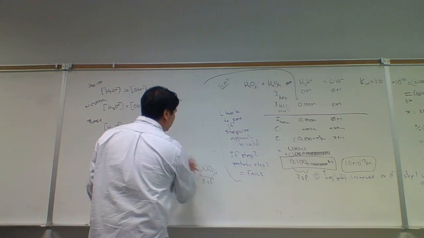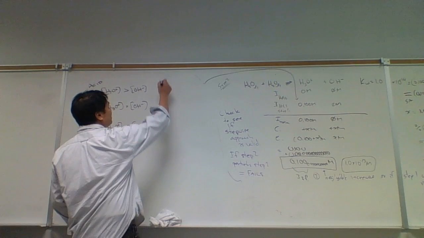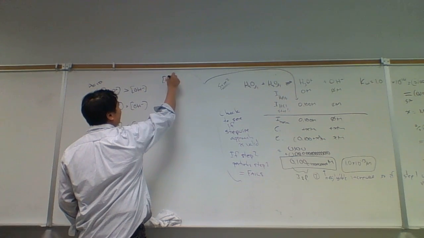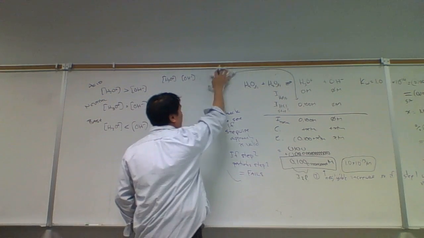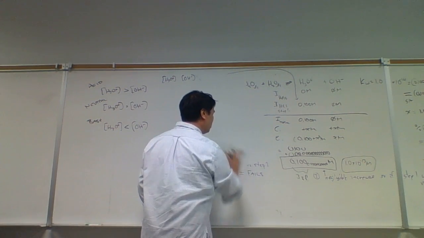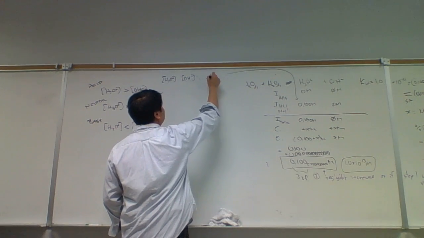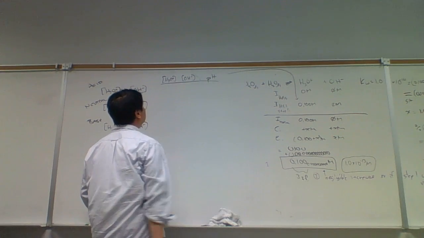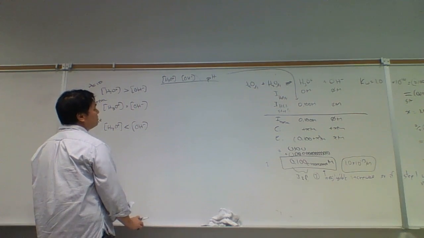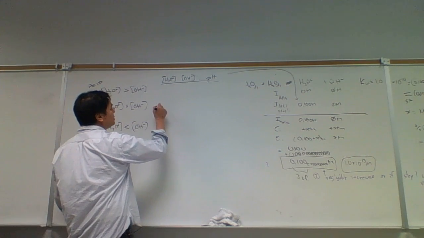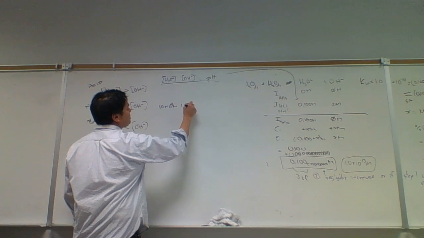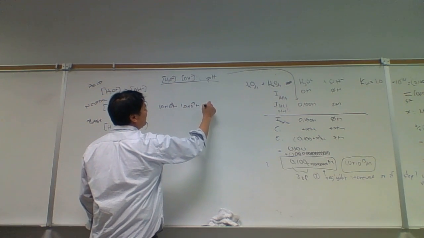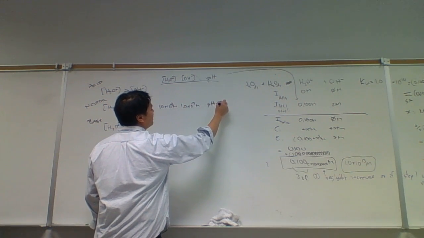And so typically when we look at the hydronium, the hydroxide, and the pH, usually we go with pH instead of pOH, even though they're interconnected here. So let's look at some values. For this, we're going to have 1.0 times 10 to the minus 7 molar, 1.0 times 10 to the minus 7 molar, and the pH is going to be equal to 7.00.